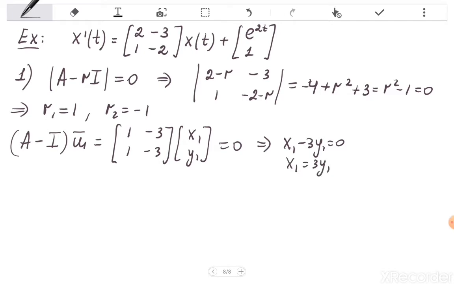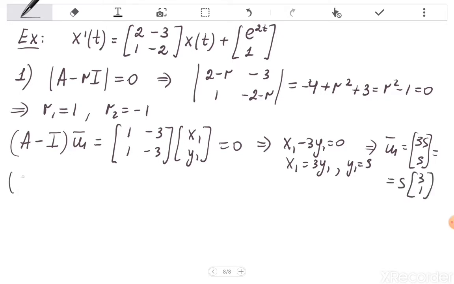So we can take y1 to be s, the parameter. And so x1 is 3s, y1 is just s. So we get s times 3, 1.